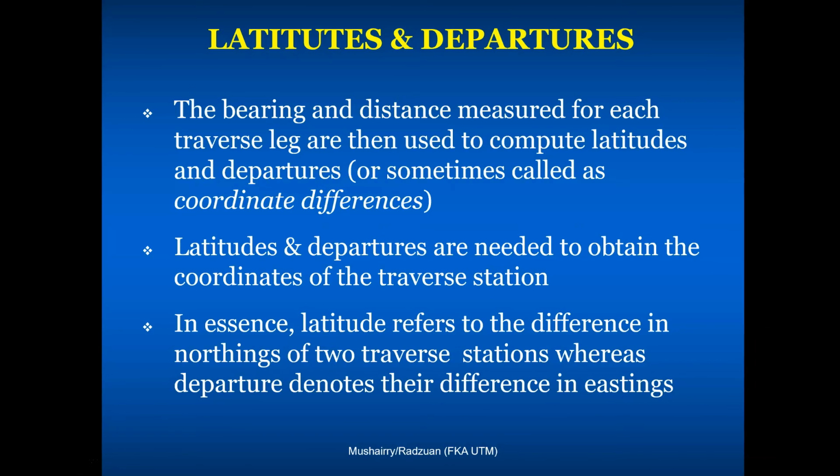So we don't actually correct the distances, but we correct what we call latitudes and departures. Latitude means difference in northing, delta N, and departure simply means delta E, difference in easting.